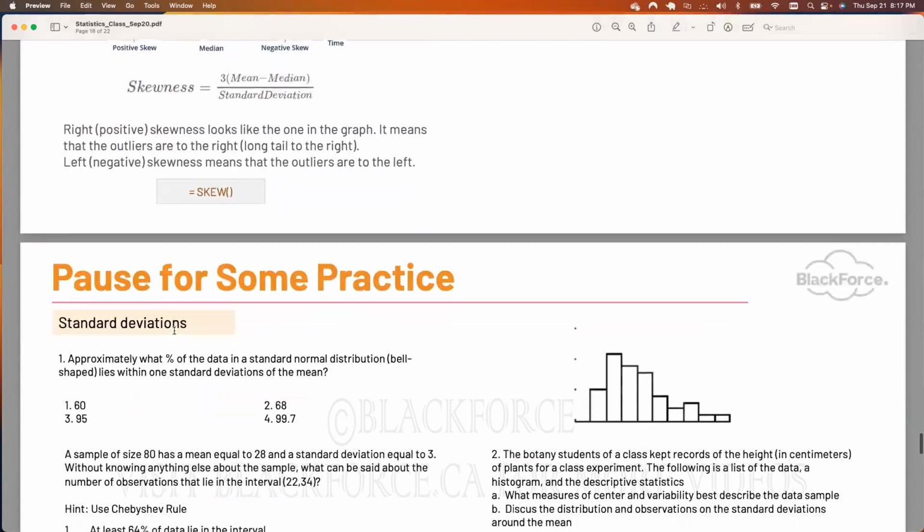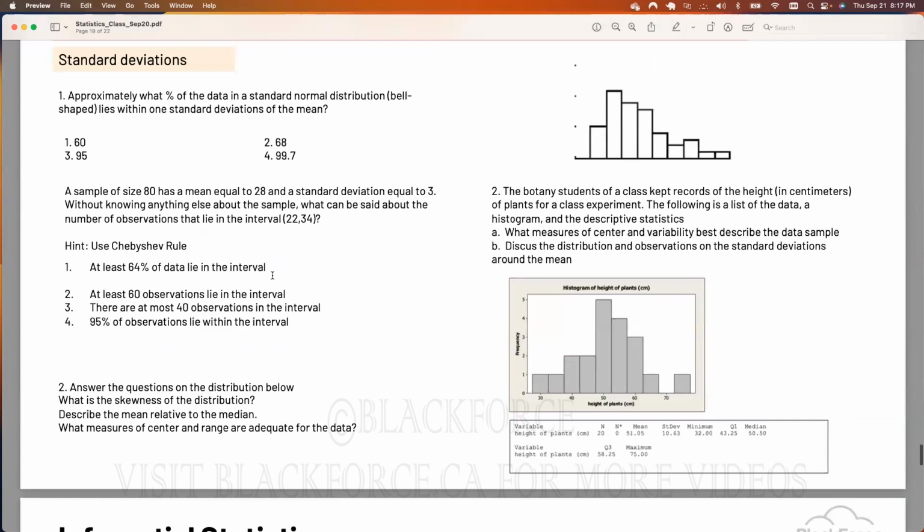So the answer here will be 1 minus 1 over k squared, and k squared is 4. So 1 minus 1 over 4. 1 over 4 is 0.25. So 1 minus that is 0.75. So in other words, 75% of the data lies within this range.